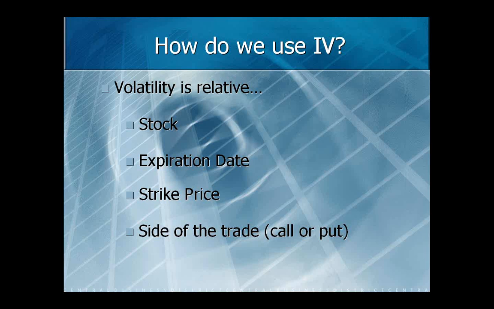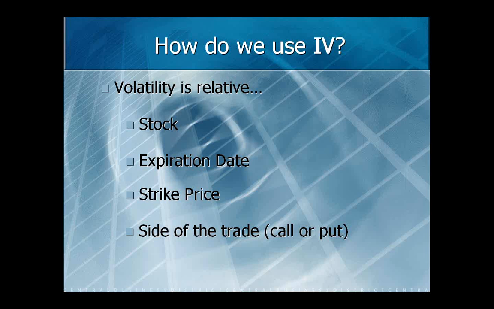And the last thing is volatility is also relative to the side of the trade that you're on, whether it's a call or a put. There's usually not a lot of difference between the implied volatility at a particular strike level on the call or the put, but you will see a difference in the volatility.